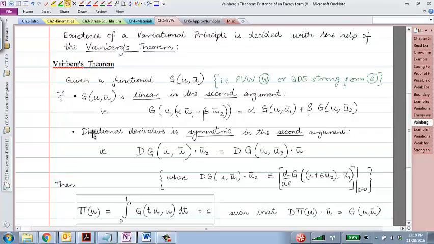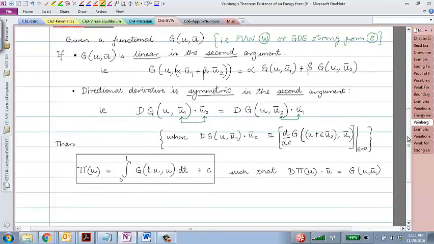The second condition is that the directional derivative has to be symmetric in the second argument. Essentially that means if I take the directional derivative of G with respect to U1 bar in the direction of U2 bar, that has to be the same as the directional derivative with respect to U2 bar in the direction of U1 bar. That means I can interchange the order of U1 bar and U2 bar.